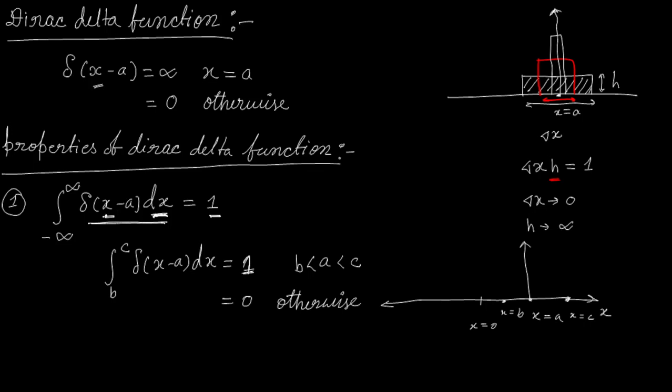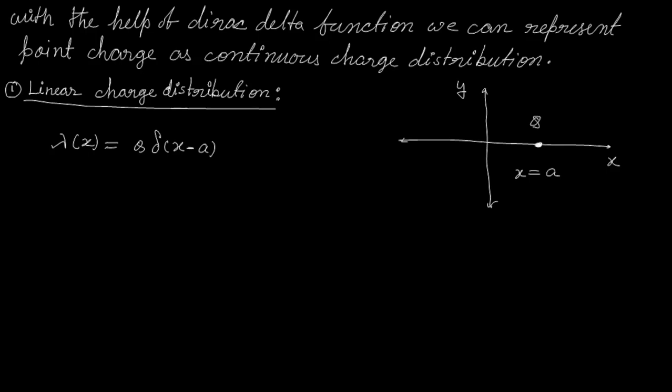So what will be the dimensions of the one-dimensional Dirac delta function? It will be the inverse of length, 1 by length. So in this case, this Dirac delta function has dimension 1 by length, and this is charge.